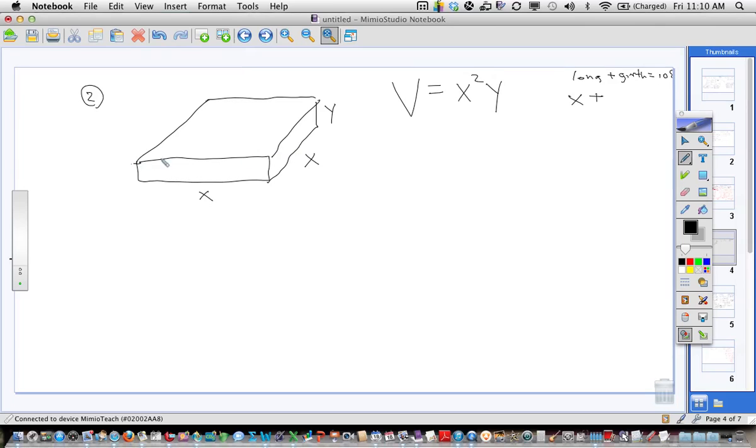Here's the long side. We could do this one. No. Perpendicular is this way. So wouldn't it be this perimeter here? Wouldn't it be 2x plus 2y?